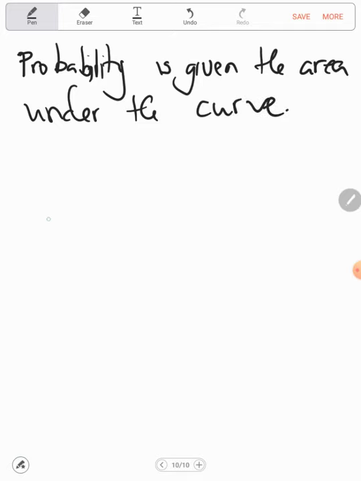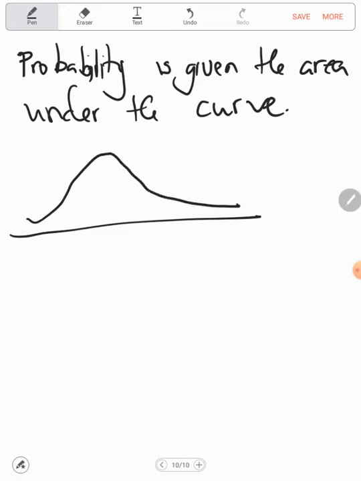So if we have A there and B there, then the probability is just the area, this area. If we can find it, then this will give us the probability.